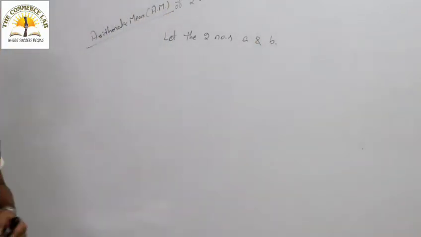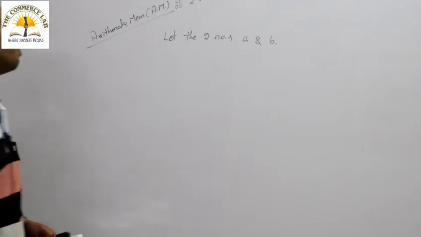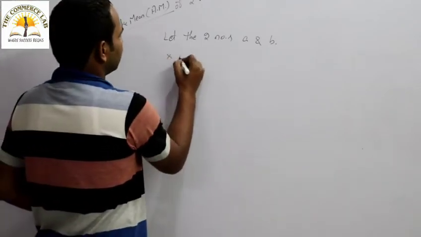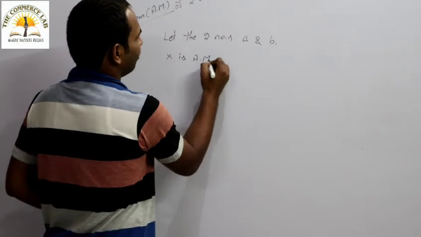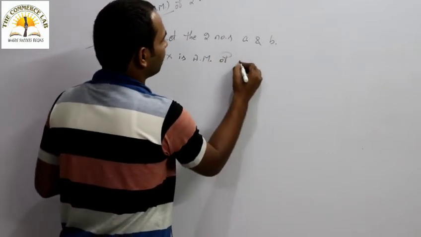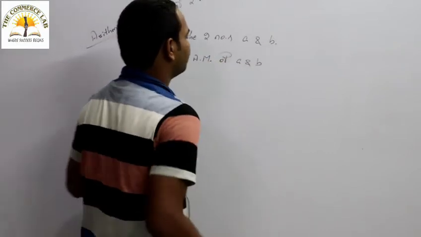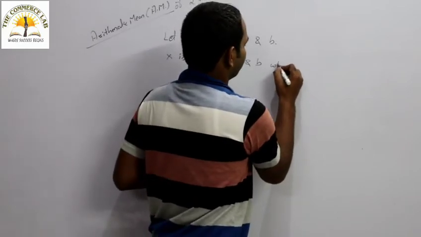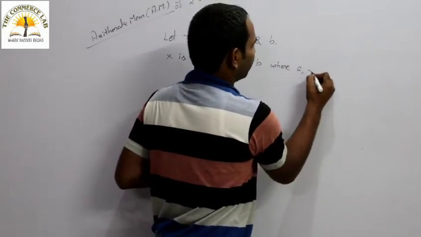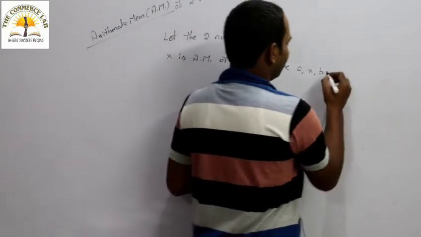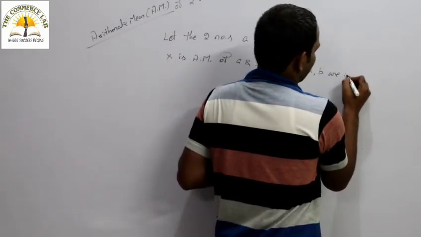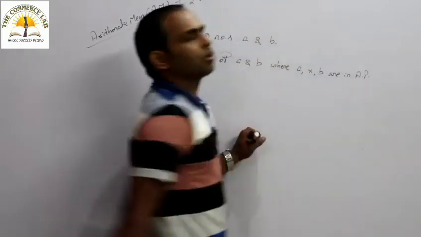Let x be the AM, arithmetic mean of a and b, where a, x, b are in arithmetic progression.